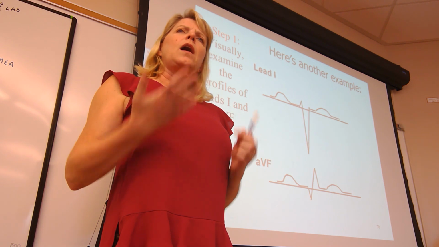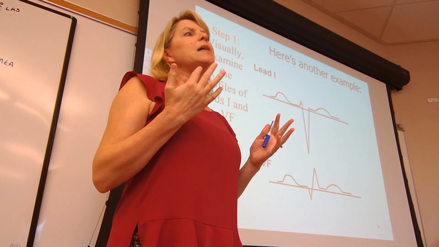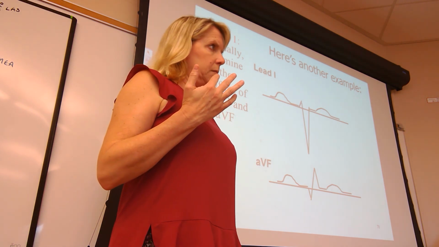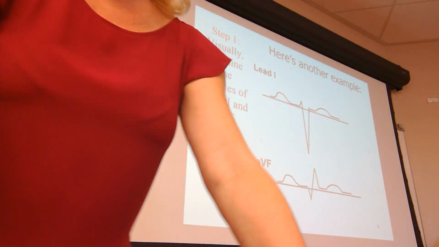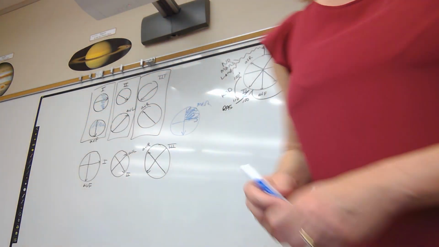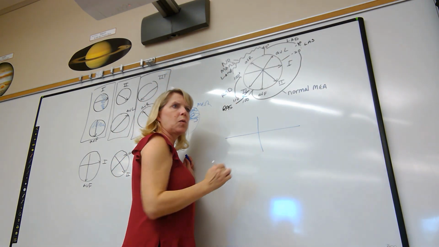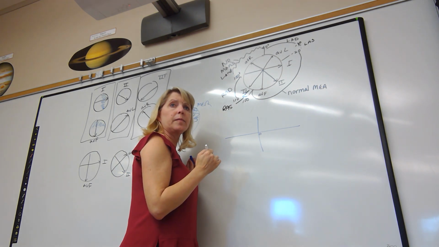We can think of our leads, of our vectors of any sort, as a number line. This is not the first time I've told you about this. When we think of a number line, for example, X and Y, we know the middle, the origin, is 0.